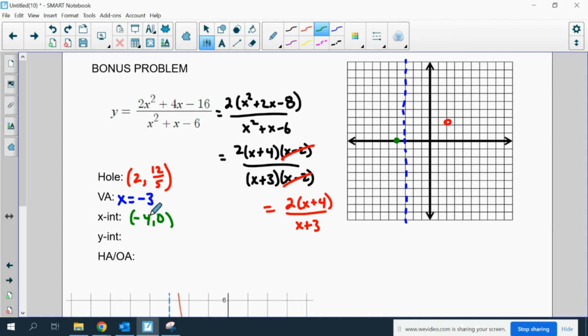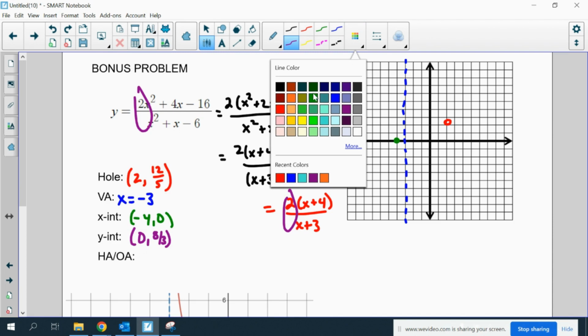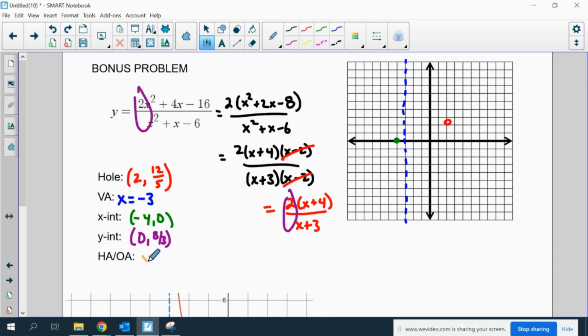I would get 8 over 3. And then the horizontal asymptote is, since the powers are the same, I divide the leading coefficients, which is 2 divided by 1. So my horizontal asymptote is going to be y equals 2.